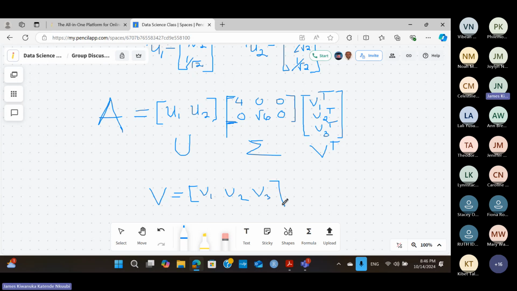So if you get the transpose, the columns become the rows. So what this means is that you pick the vector V1 and write it out here as a first column, pick the vector V2, write it out as a second column, pick the vector V3, write it out as a third column.